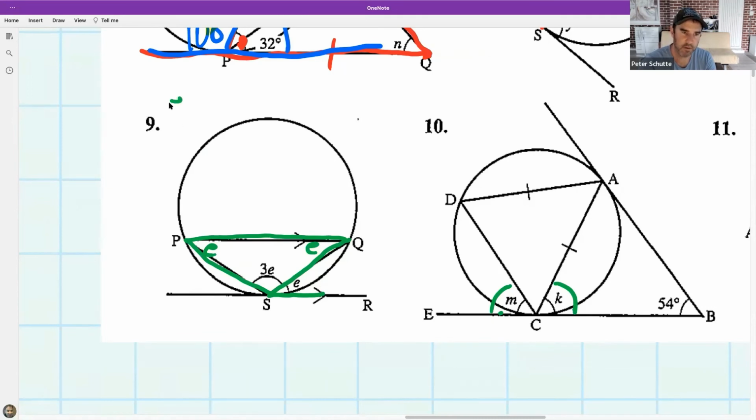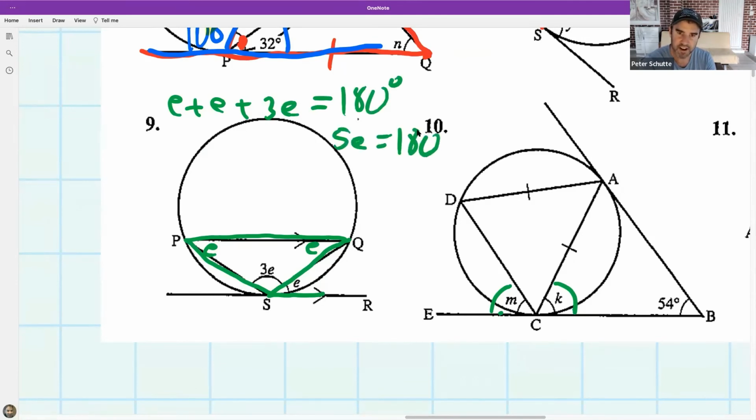And so together we have E plus 3E equals 180. 5E is 180. I divide both sides by 5, and I think I get E is 36 degrees. Okay, so look at that carefully. How did I get those things?